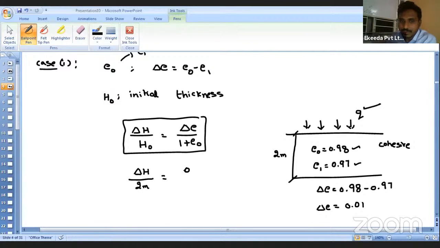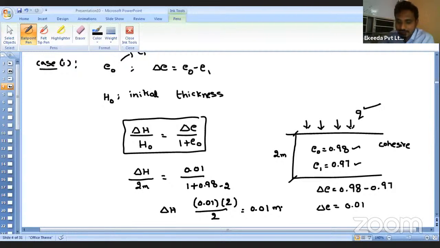Then substitute here: 0.01 divided by 1 plus the initial void ratio, 0.98. So 1 plus 0.98 is 1.98, and simply if I consider it as 2, just for the rough calculation, I'll get ΔH equals 0.01 into 2 divided by 2. The 2 gets cancelled, so I get 0.01 meters, as I'm taking the thickness of the soil in meters.